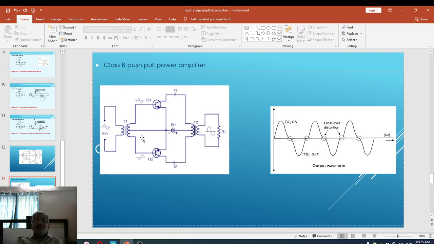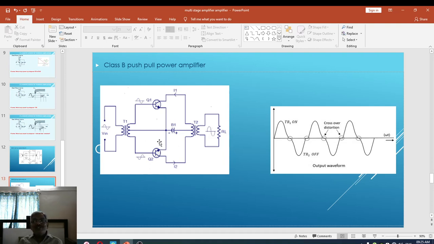But when the polarity of the input signal reverses, the base of transistor Q1 receives the negative half cycle, whereas the base of transistor Q2 receives the positive half cycle. Due to this, the emitter base junction of transistor Q1 will be reverse biased, whereas the emitter base junction of transistor Q2 will be forward biased.